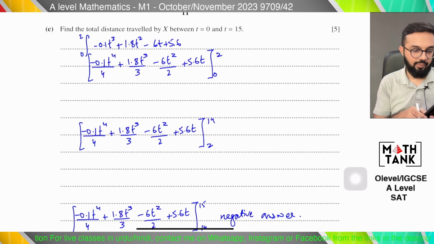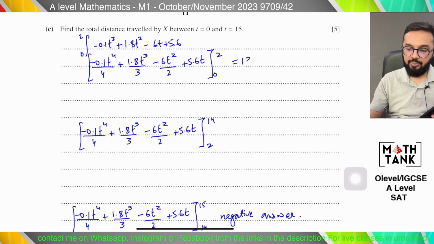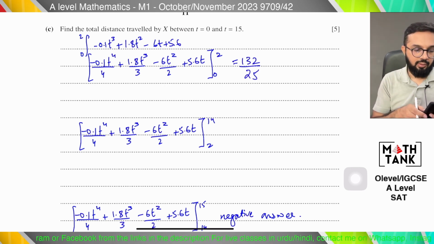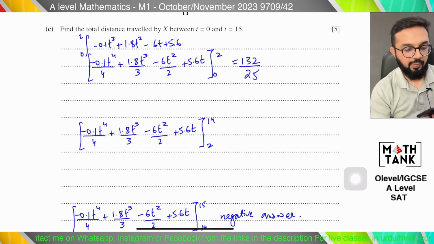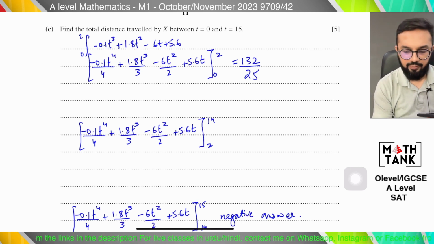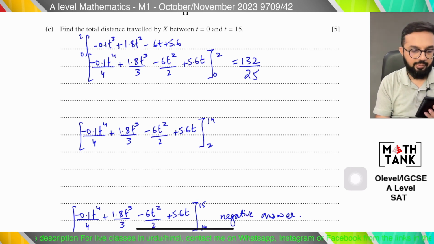I have 2 and I have 0. So this is coming out as 132 over 25, and I have 14 and 2. I don't know why this is coming out as a negative number. Have I typed something incorrectly?